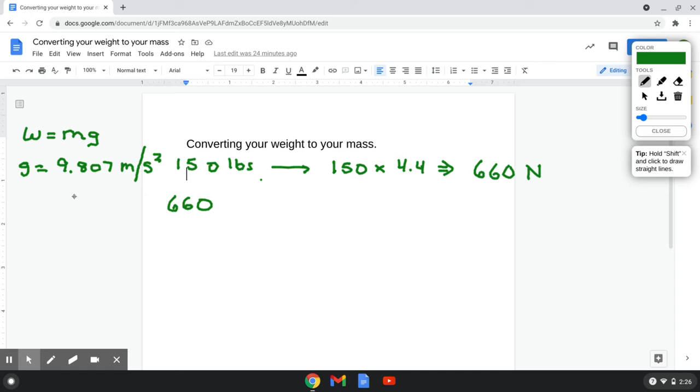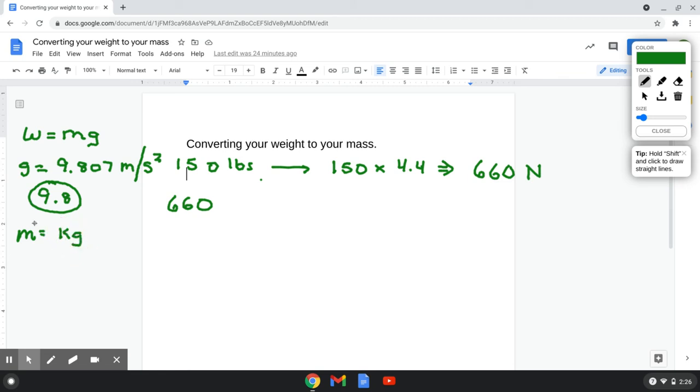But you don't need to know all that; just use 9.8 and you'll get an estimate. It's not exactly 9.8, it's 9.807 meters per second squared. And for mass, we're always using kilograms.